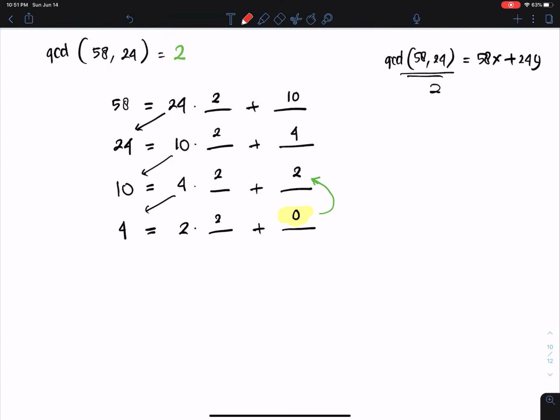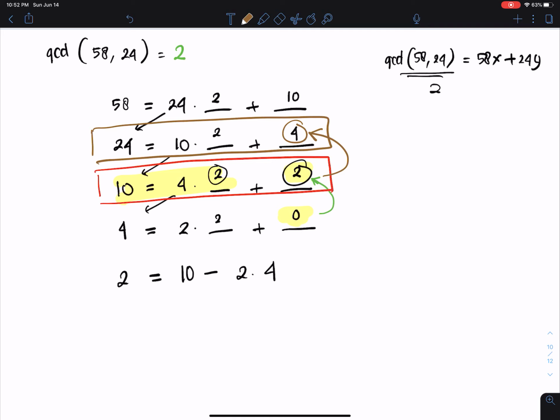We move to the next row here. What number are we looking at? 4. So we change our 4 in our iterations. So here we will have 10 minus 2 times, what is our 4 according to that line here? That will be 24 minus 2 times 10.